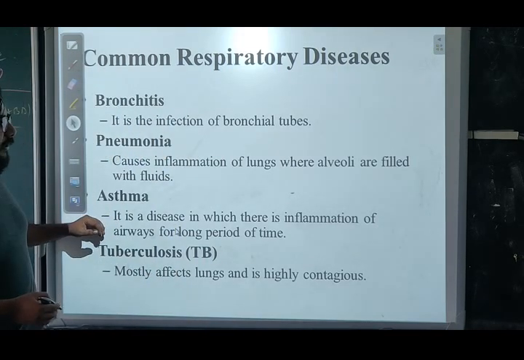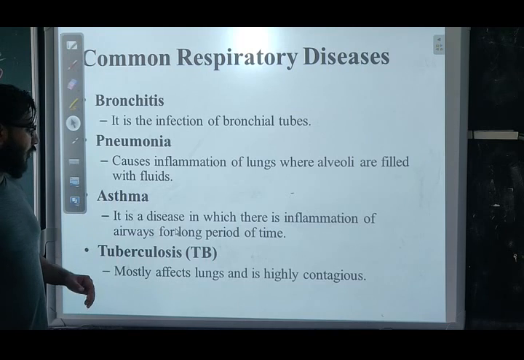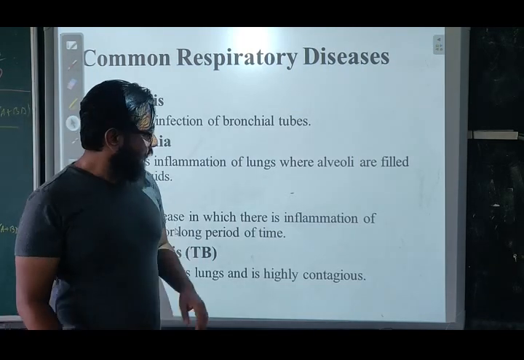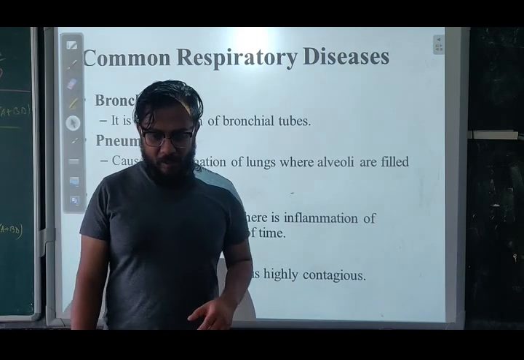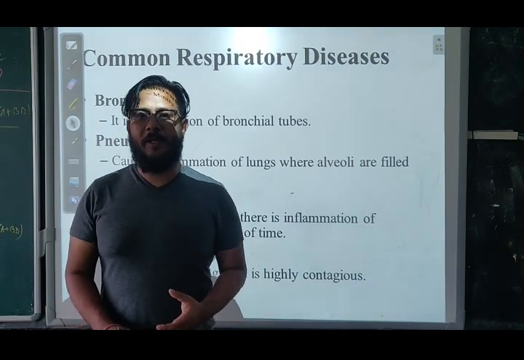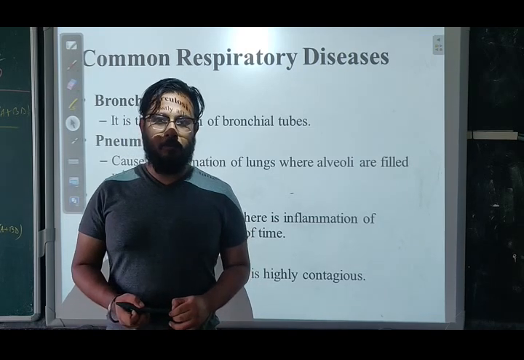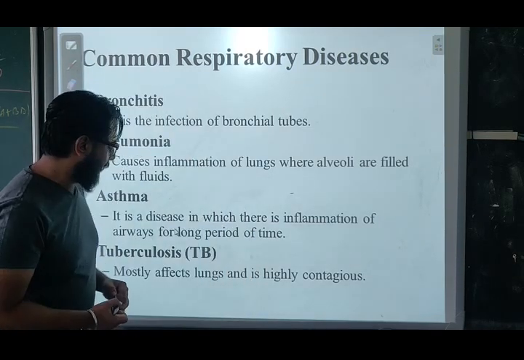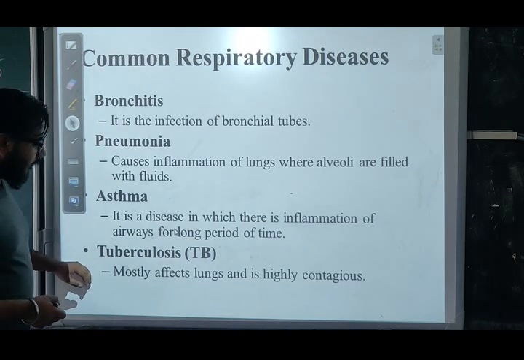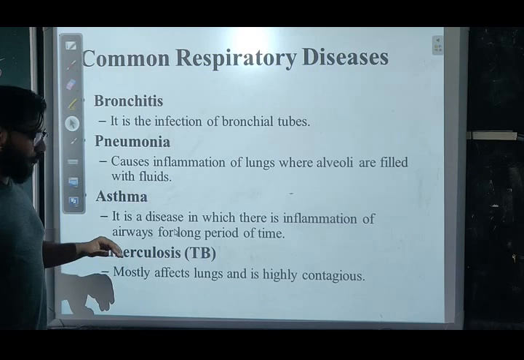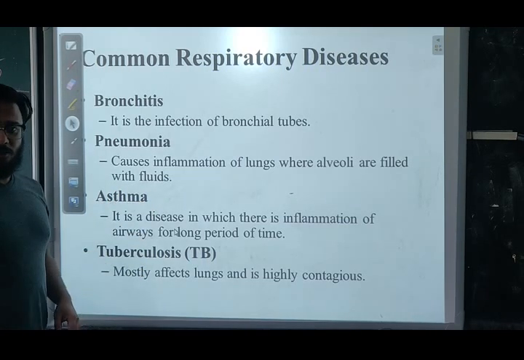Asthma is a disease in which there is an inflammation of the airways for a long period of time. I don't think I need to explain. Most of you have seen people around us having this problem. And the last one is tuberculosis or TB, which was initially known as Scrofula.